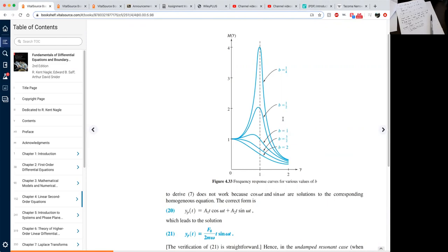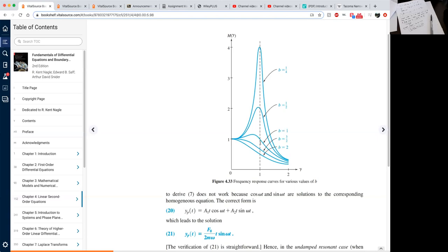You see that b is getting smaller and smaller, so b approaches 0, then the frequency gain has a maximum value at around 1 as gamma. It makes sense, right?